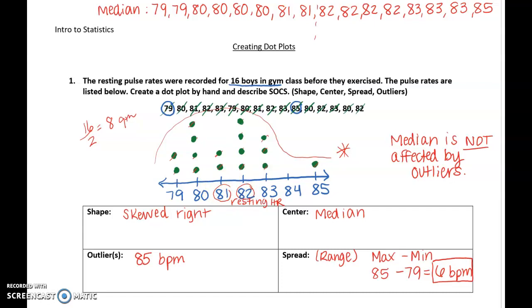Because this is an even amount of numbers, we're not going to have an exact dot in the middle. So you need to average 81 plus 82, and I'll write it over here in the median. 81 plus 82 divided by 2, I'm finding the average, and I get 81.5 beats per minute.